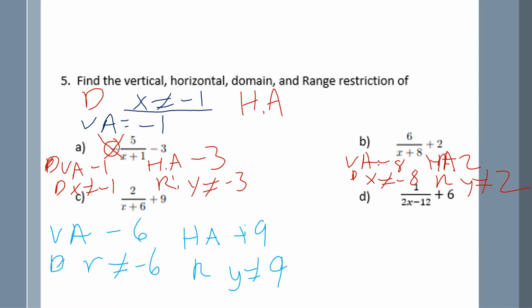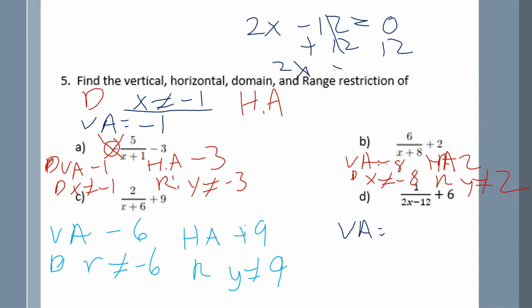So when we come to the vertical asymptote, let's look at the denominator. So 2x minus 12 equals 0. Solve it like an equation. Add 12 to both sides. 2x equals 12. Divide by 2, x equals 6.